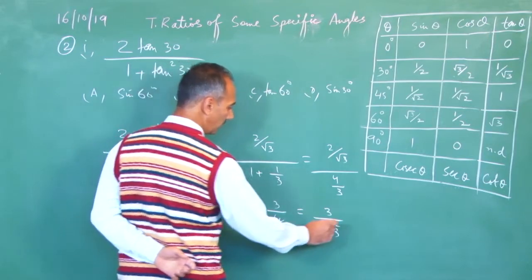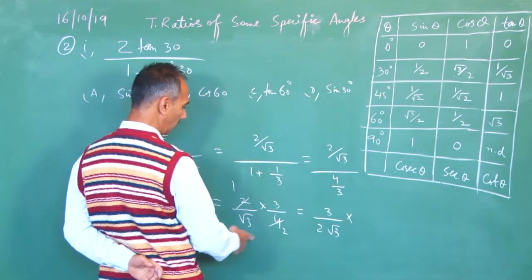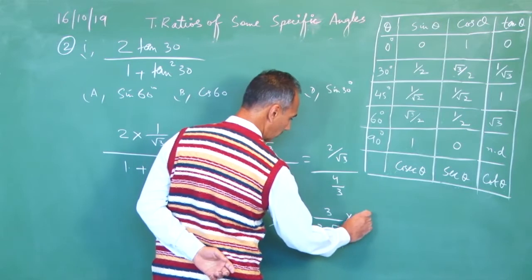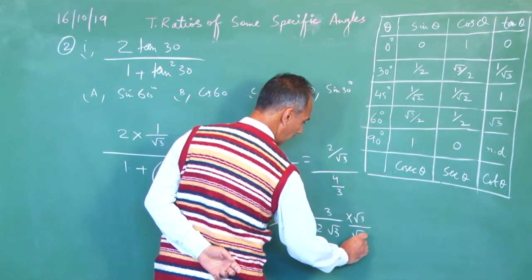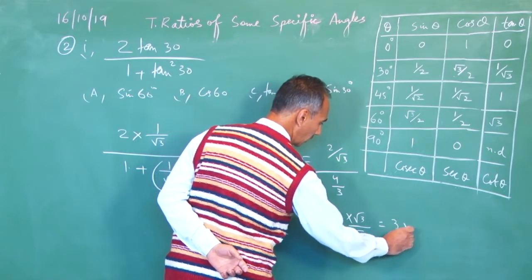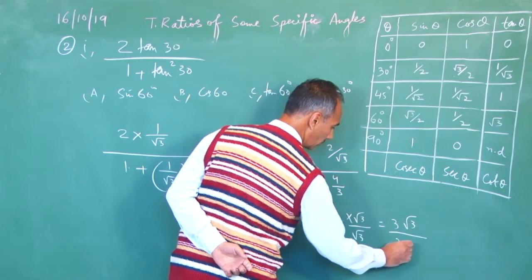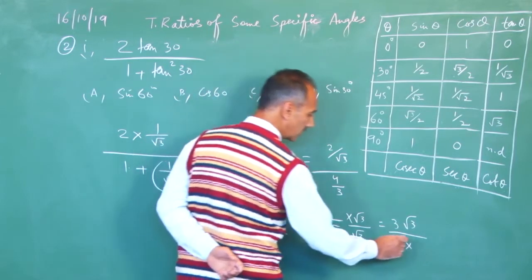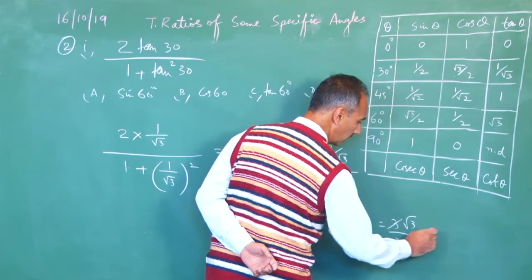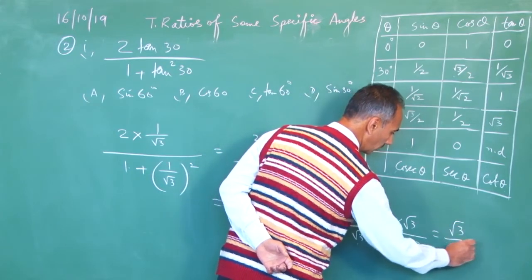So this is not a value for any of the 3 ratios. So what I do, I will rationalize this. See, I got 3 upon 2 root 3. I will rationalize by multiplying root 3 upon root 3. So numerator I got 3 square root 3 upon 2 into root 3, which is nothing but 3. 3 goes with 3. You got root 3 upon 2.